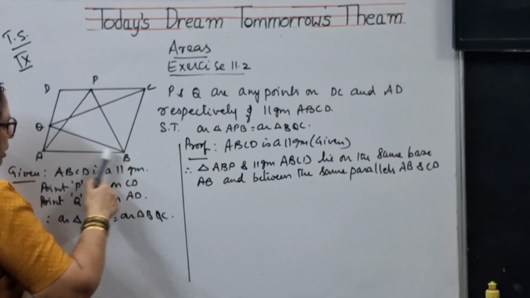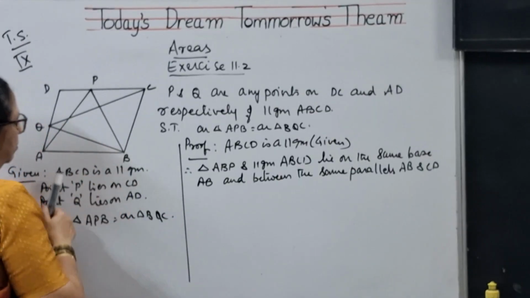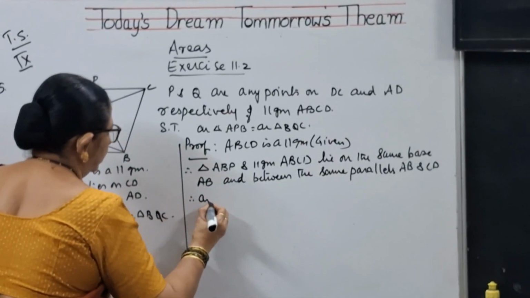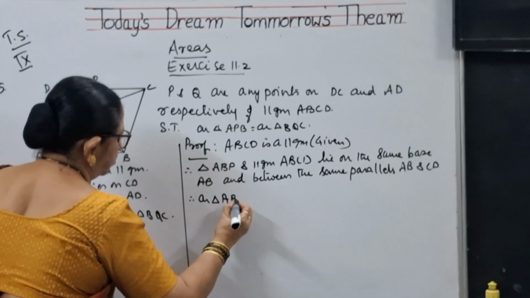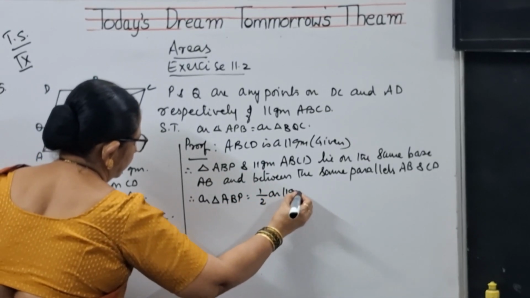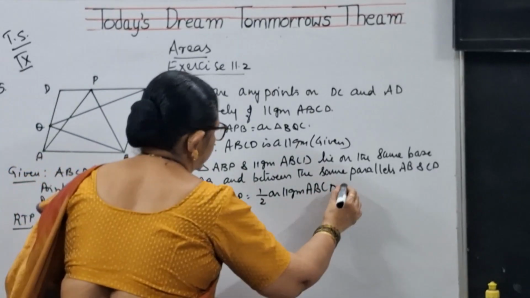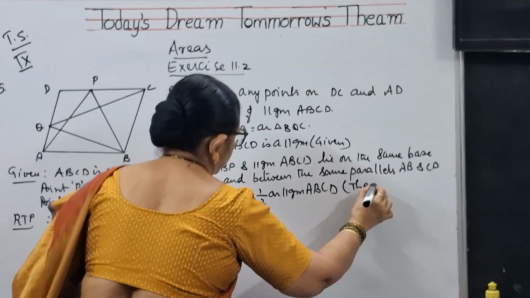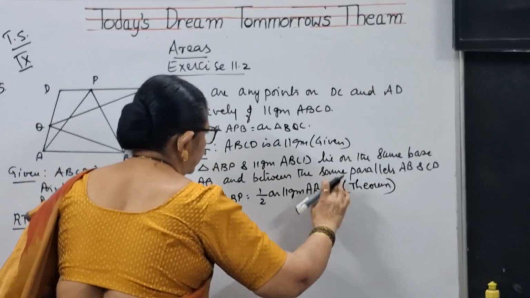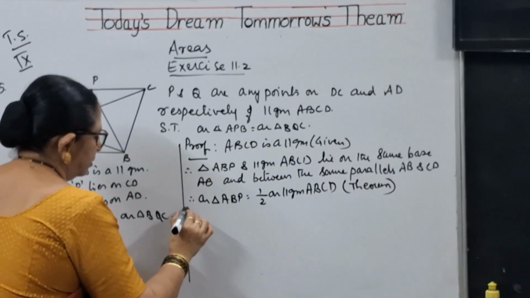Triangle APB and parallelogram ABCD lie on the same base and in between the same parallels. Therefore, area of triangle ABP is equal to half area of parallelogram ABCD. This is a theorem which you have learnt, children. Basing on the theorem, we say that it is half of parallelogram ABCD.